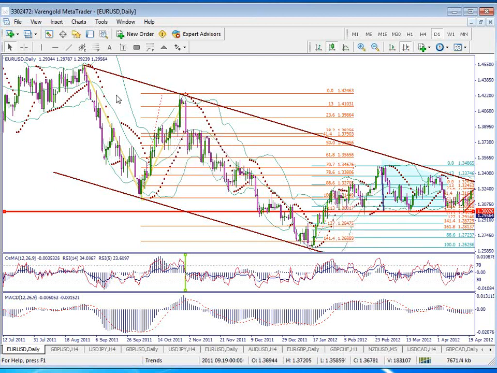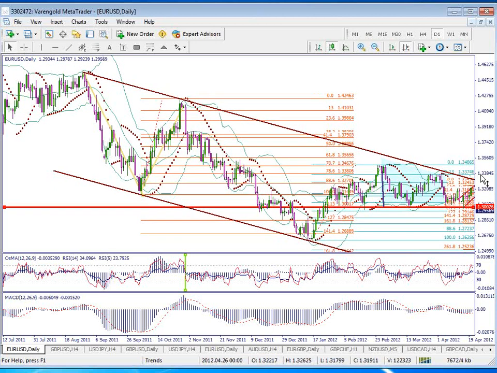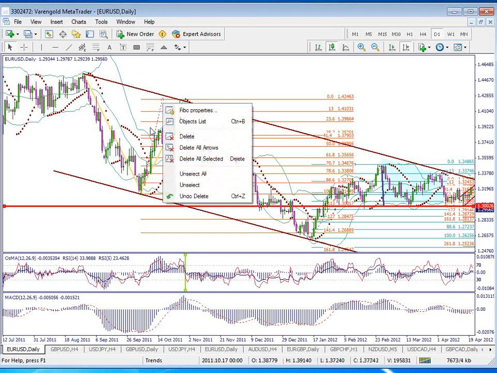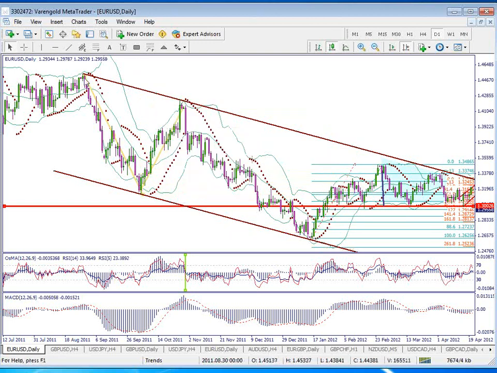All the time the third wave is the biggest. Here it was up to 141 on Fibonacci, and actually this is how I'm using the Elliott wave.